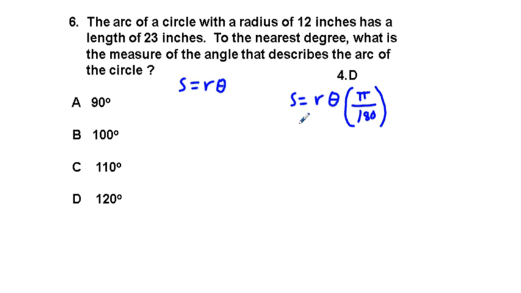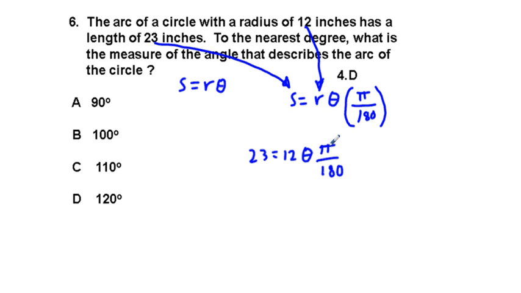And just filling in the equation here, our arc length is 23 inches, so 23 inches will go here, 12 inches is our radius, will go right here, and we don't know what this theta is, but we can try to find out. So we'll say 23 is equal to 12 theta times pi over 180.